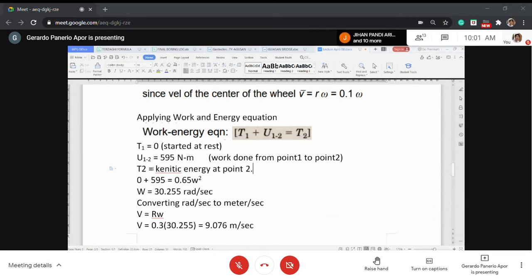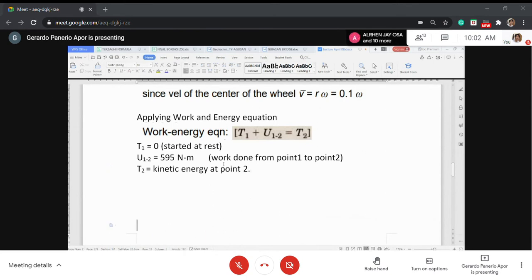But by this time, the wheel has already moved. So, that's it, kinetic energy at point 2. At point 2, the wheel is already moving, okay? So it has moved already. Now, what is the T2?